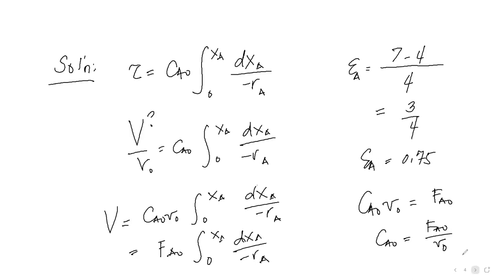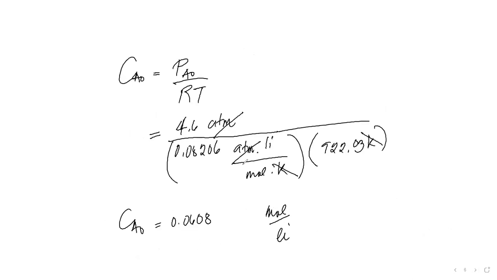Wait, this is pound mole per hour. And the one that we use for the R is in mole. So you just convert this one. You can have, this is understood to be gram mole. So we have 454 mole per pound mole.